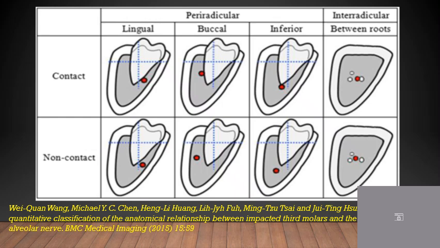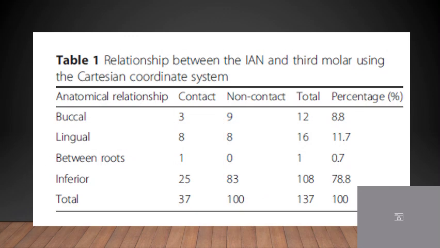As you can see in these images, the contact and non-contact of the tooth with respect to the cross section of the nerve can be appreciated.